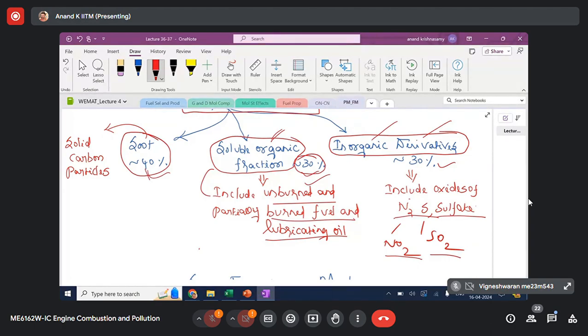So you will have very limited liquid particles in the exhaust gas stream. So this number will go down at high load, but at low load, you will have a high proportion of soluble organic fraction. At high load, you will have a high concentration of soot, because you can expect the solid carbon concentration to be high at high load since you are burning more fuel.